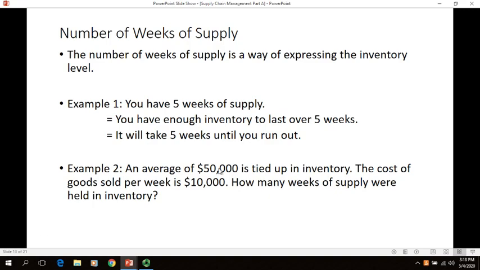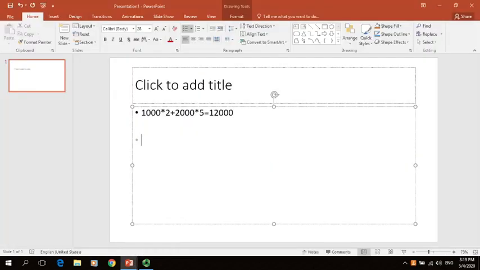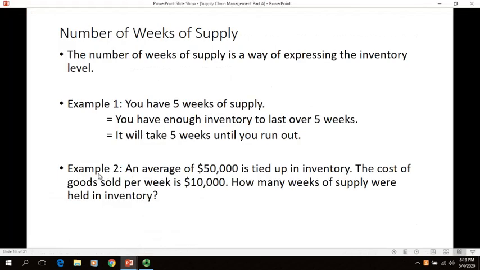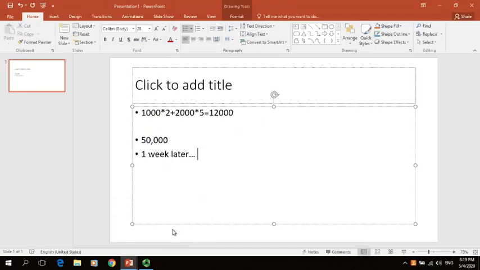So let's start with $50,000. At any point in time, your inventory is worth $50,000. What happens after a week? One week later, how much inventory do you sell? The cost of goods sold per week is $10,000. So during a week, you sell inventory that's worth $10,000. So your inventory is now worth $40,000.